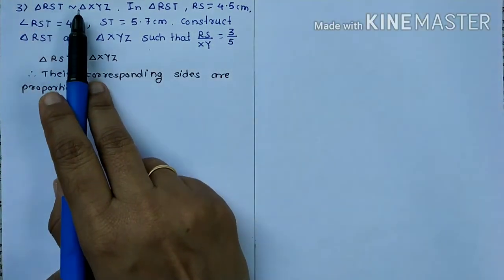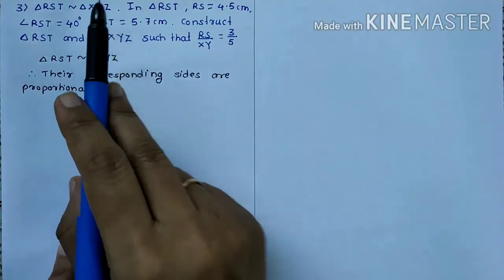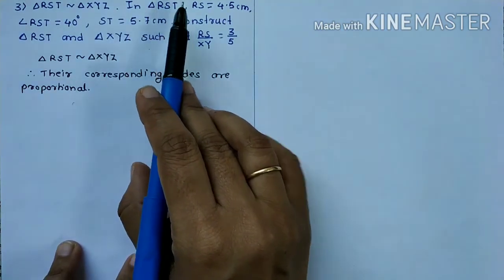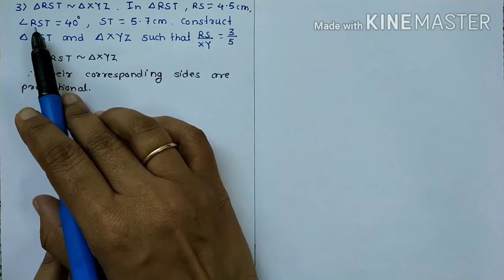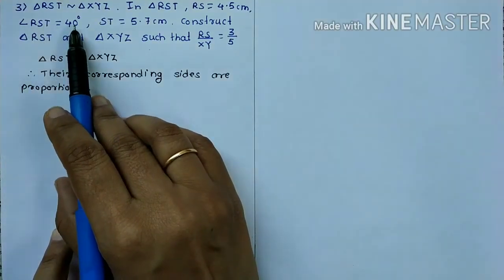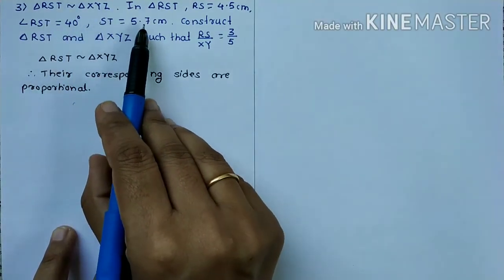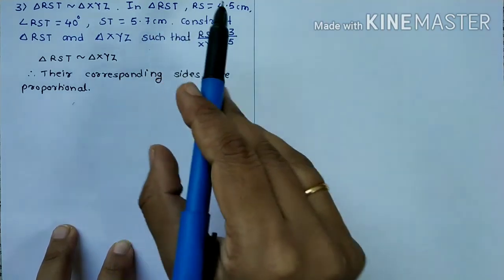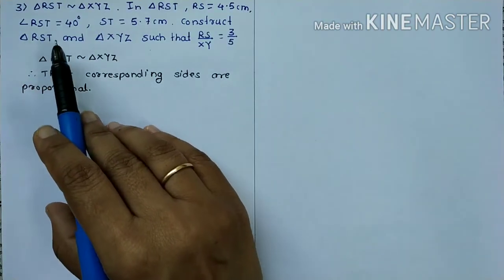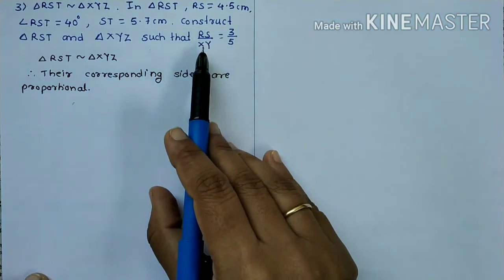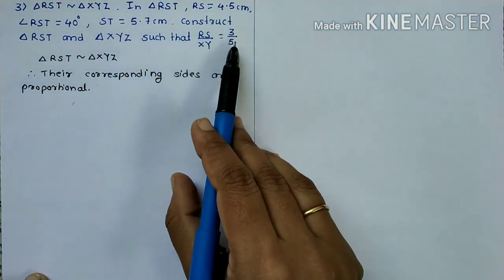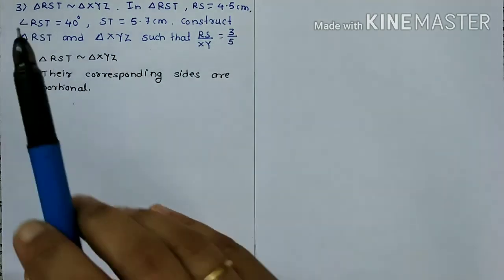Triangle RST similar to triangle XYZ. In triangle RST, RS equal to 4.5 centimeter. Angle RST equal to 40 degree. ST equal to 5.7 centimeter. Construct triangle RST and triangle XYZ such that RS upon XY equal to 3 upon 5.